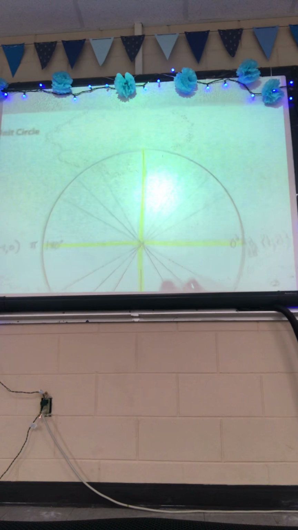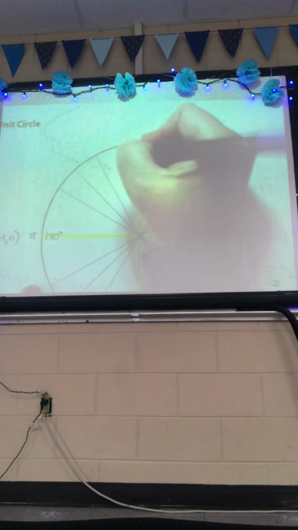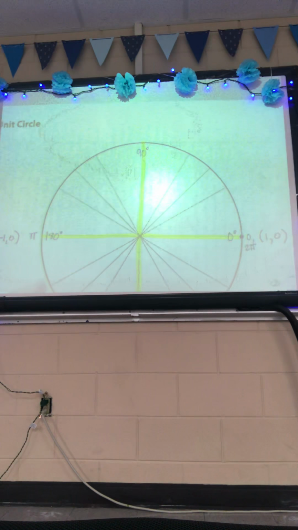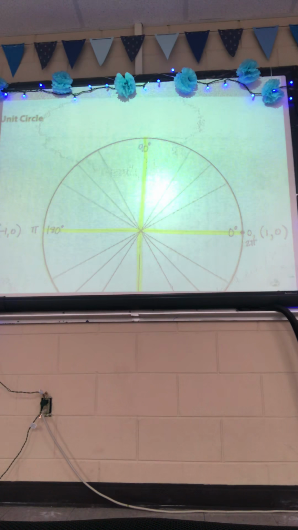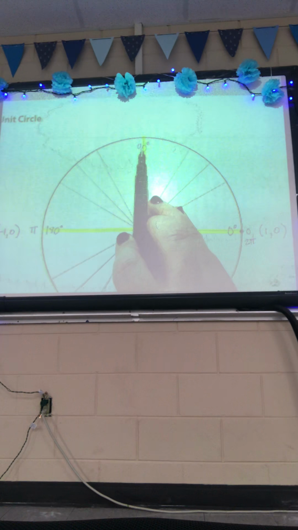Now, up here at the top, what is that angle going to be? 90 degrees. In radians, this is 0 pi, this is 1 pi, so this is pi over 2, 1/2 pi. But we don't write the 1 on top.